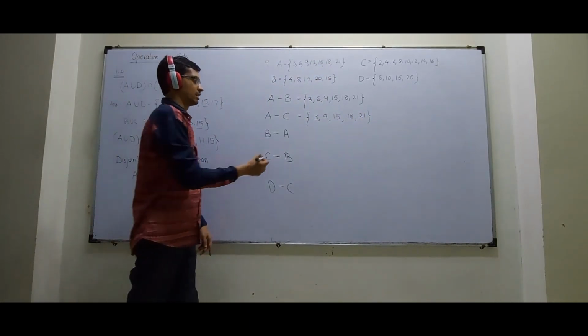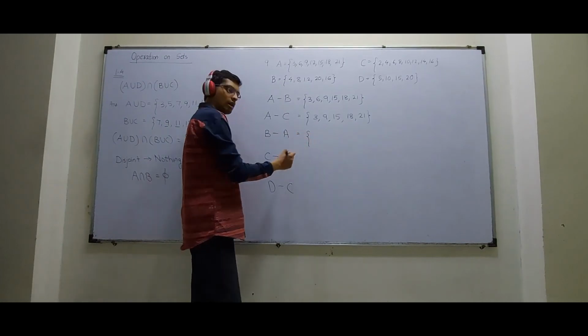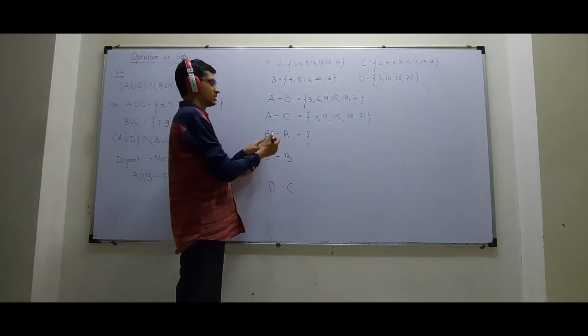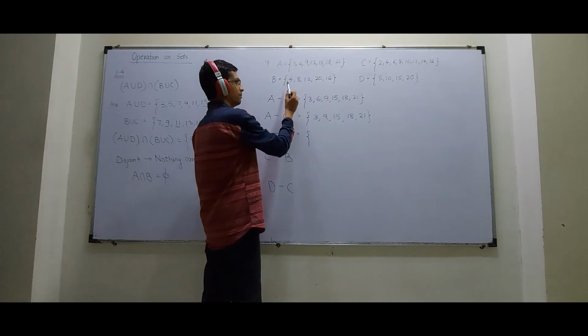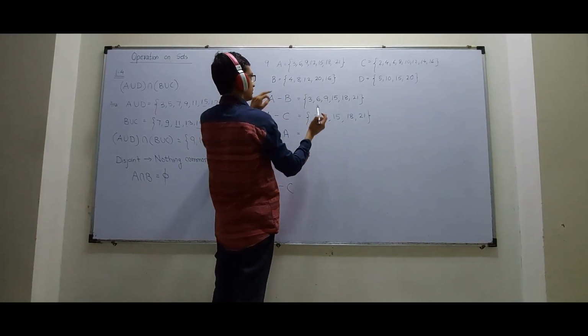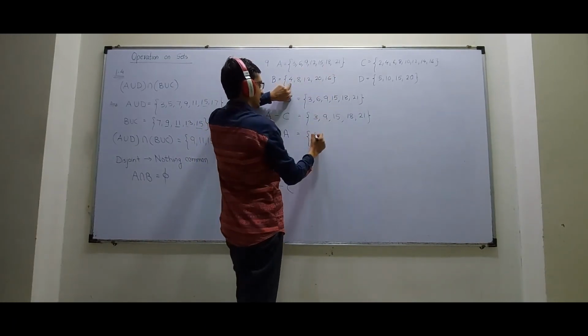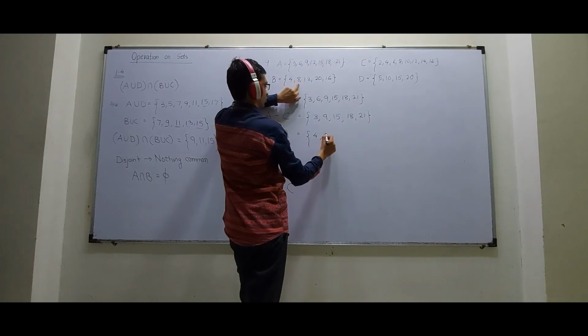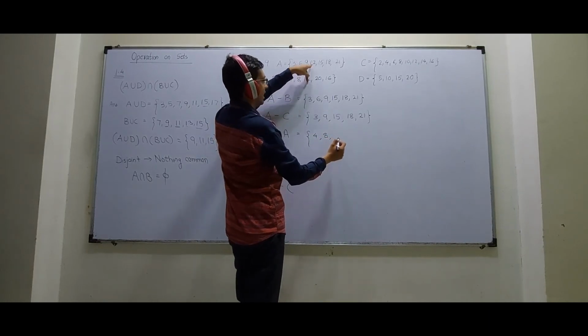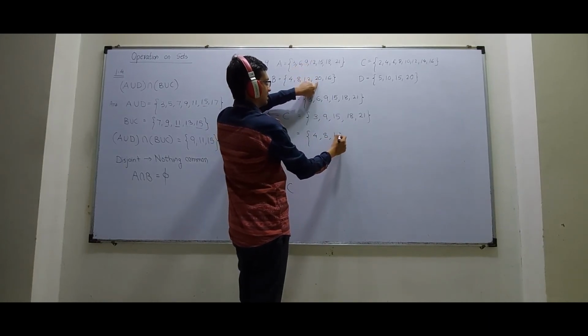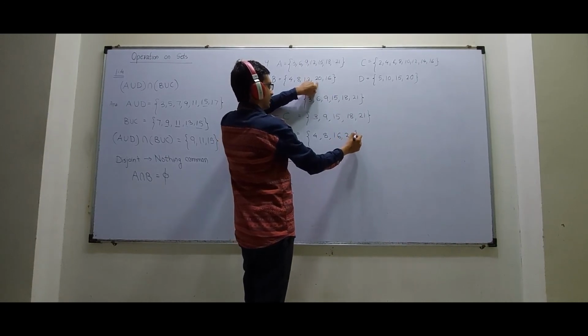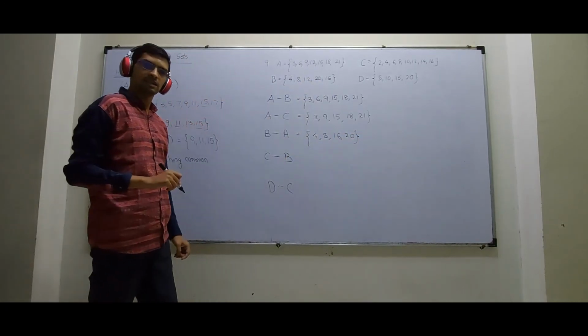Then B minus A, opposite, all elements of B which are not in A. It means my answer will come from this. 4 not present, 8 not present, 12 is there, 16 not present, 20 not present. Okay.